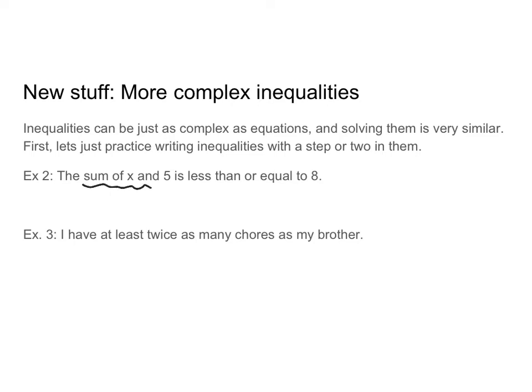So the sum of x and 5, that's x plus 5, and it's less than or equal to 8. So that's an inequality. We're going to learn how to solve those later this week, but not in this video. Right now we're just going to worry about writing them. Why don't you give example 3 a try.